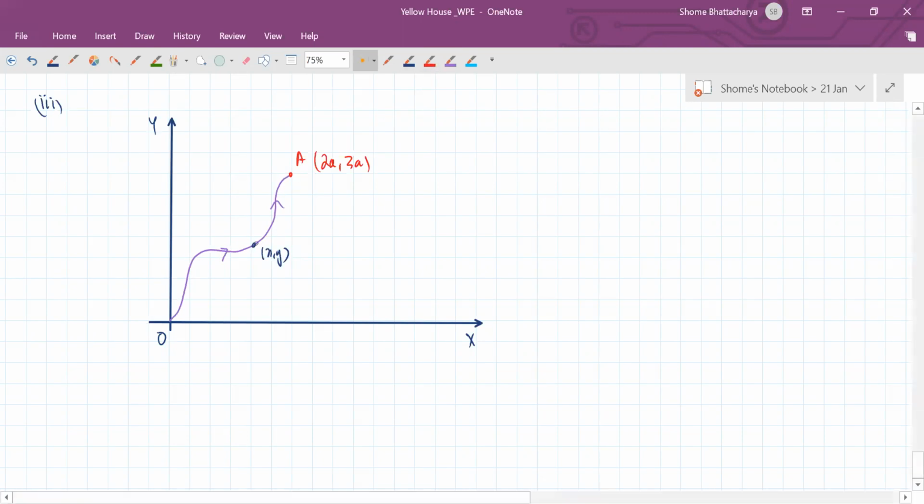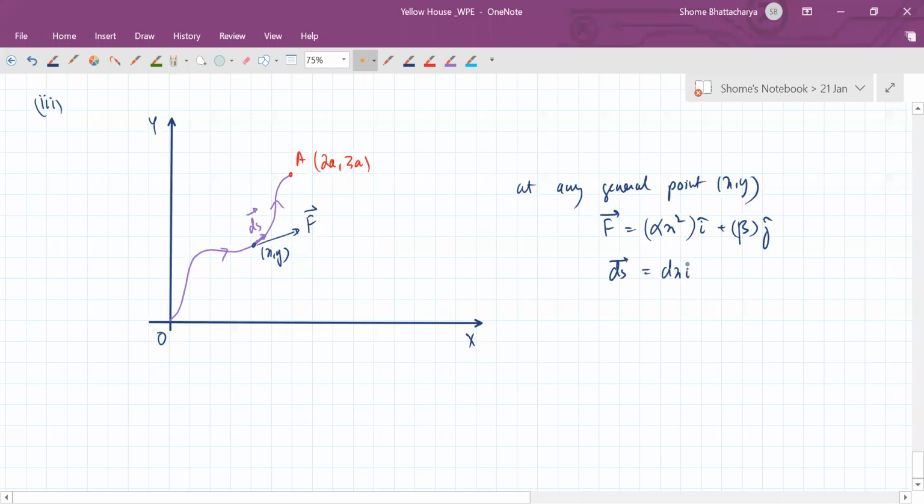So from this point, our displacement is along this path, and our force need not be along the displacement; the force can be at any angle. So at any general point x comma y, the force is given by alpha x square i cap plus beta j cap. Okay, and the displacement now has both components, dx i cap plus dy j cap.